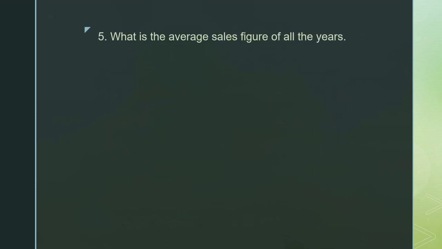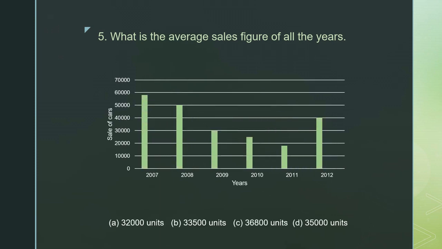Question 5 is, what is the average sales figure of all the years? That means in 2007 the sales of cars is 58,000. 2008 the sales of cars is 50,000. 2009 the sales is 30,000. 2010 the sales is 25,000. 2011 the sales is 18,000, and in 2012 the sales is 40,000. So how can we calculate the average sales figure?